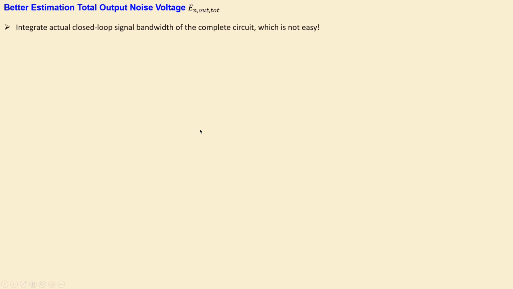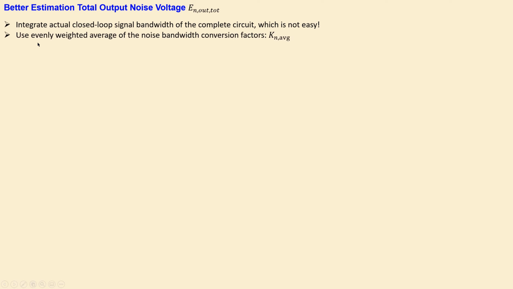So let's then do a better estimation of the total output noise voltage. Now, in theory, in a more precise way, we need to integrate the actual closed loop signal bandwidth of the complete circuit, which is not easy.